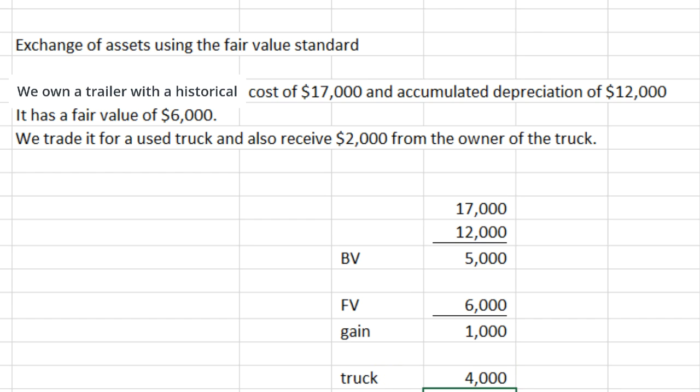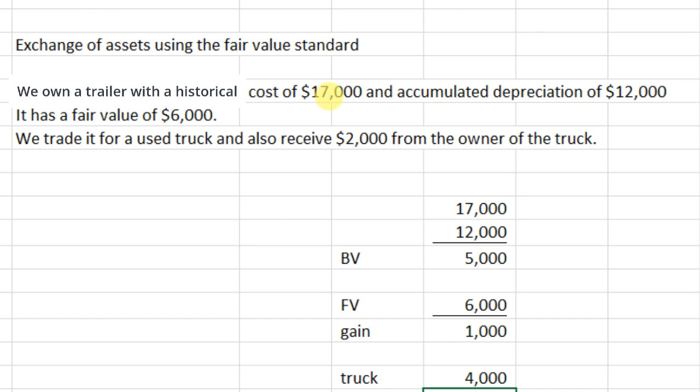Okay. Now I would like you to recall that accumulated depreciation is a contra account. So this is a contra account to our trailer. As soon as we give away the trailer, exchange it, and we don't have the trailer anymore, we cannot have accumulated depreciation for it either.